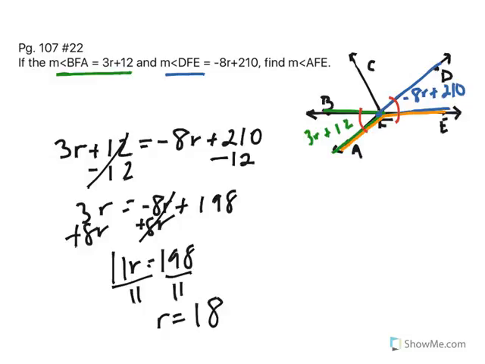I'm not done because this angle is not just R, it's 3R plus 12. And this angle is not just R, it's negative 8R plus 210. And I need to find the measure of this angle right here in order to finish solving the problem. So let's plug R into this angle and see what we get.